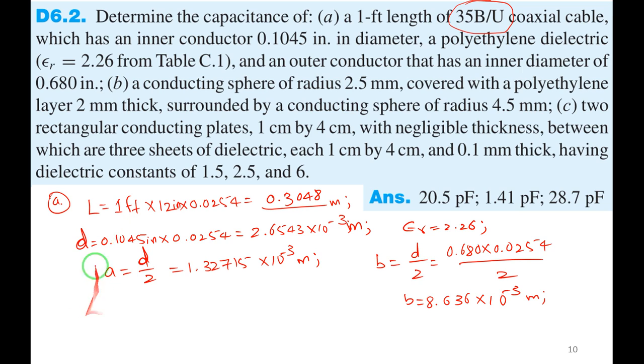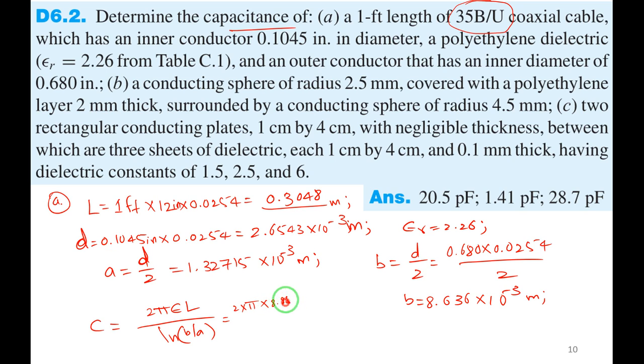What did they ask? Determine the capacitance. What is the capacitance of a coaxial cable? As far as I remember, it is 2 pi epsilon L divided by ln of B by A. For spherical, it will be 4 pi epsilon divided by 1 by A minus 1 by B. So this is the capacitance of a coaxial capacitor. We calculate 2 into pi into epsilon, which is epsilon naught into epsilon r.